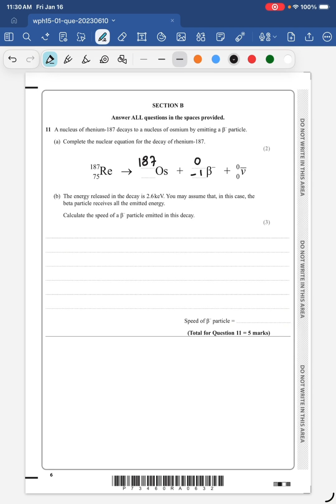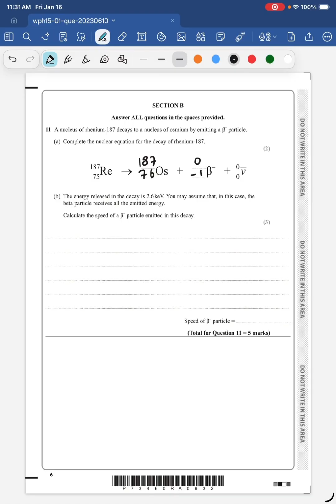So what do we need to balance the equation? We have 75 on the left-hand side. So we need 76 minus 1, 75. So the left-hand side matches the right-hand side. Part B, the energy released in the decay is 2.6 keV. You may assume that in this case, the beta particle receives all the emitted energy.